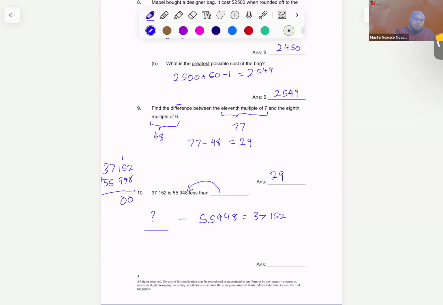This is 11. 1 plus 7, 8. 8 plus 5, 13. Then 9. So 93,100. Okay?